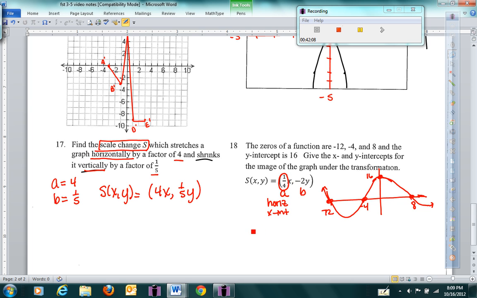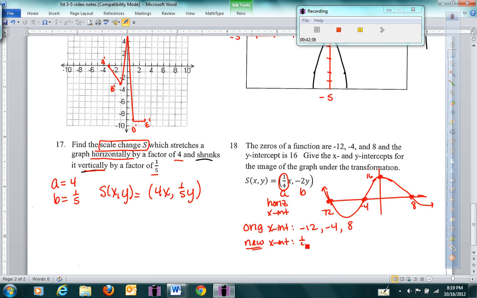So my x-intercepts, okay, the original x-intercepts are negative 12, negative 4, and 8. The new x-intercepts on this scaling are all going to be 1/4 that much.